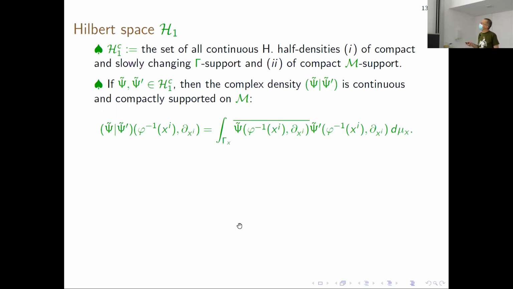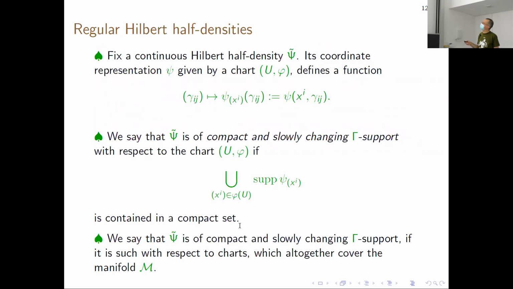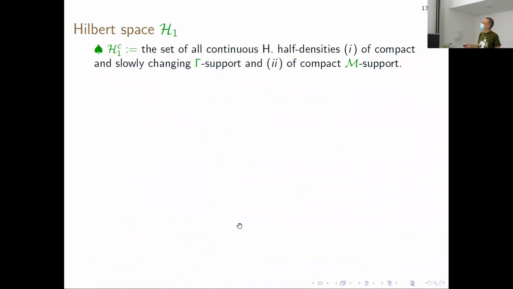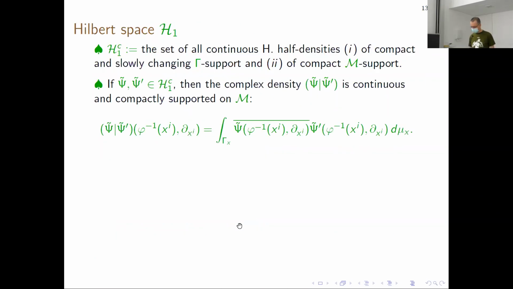And now, this integral can be expressed in terms of these functions. And owing to this property, you can apply the Lebesgue dominated convergence theorem to show that this integral is continuous with respect to xi. Therefore, this coordinate representation of this density is also continuous.